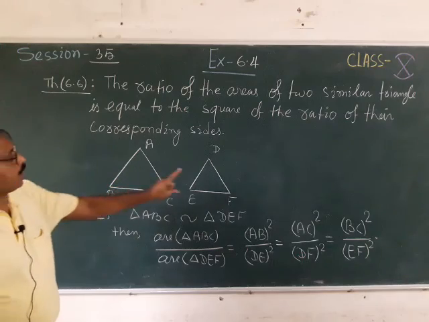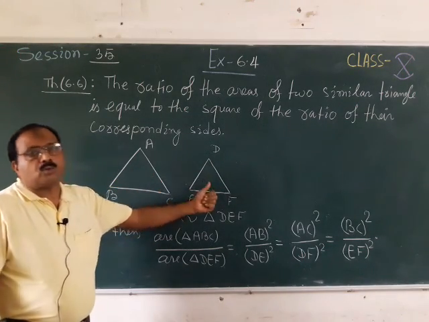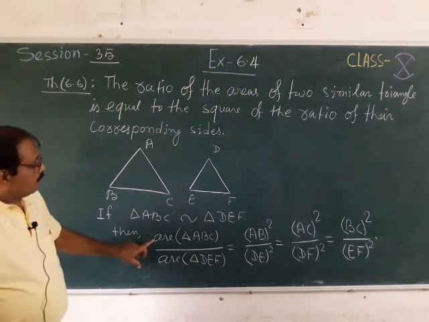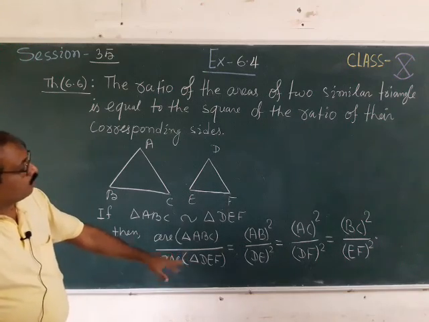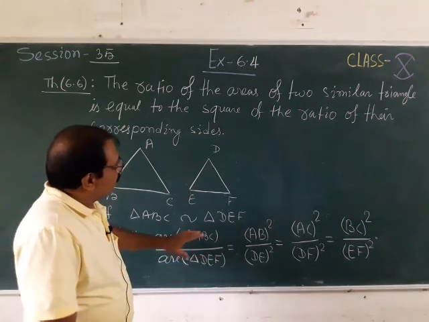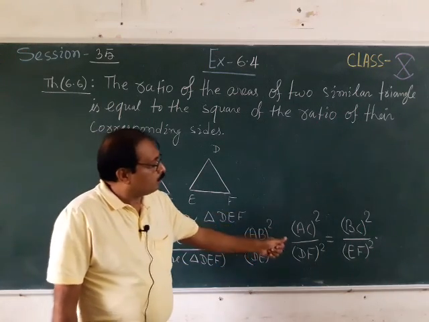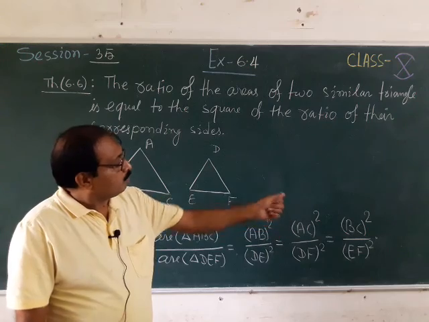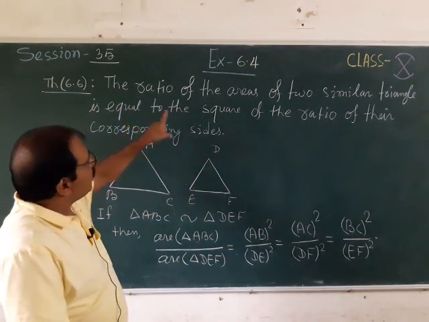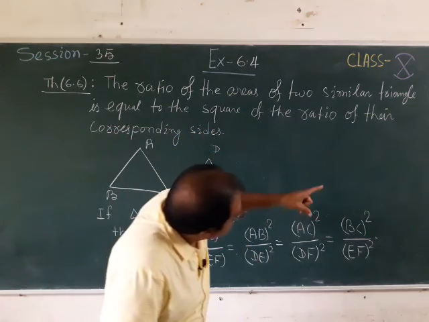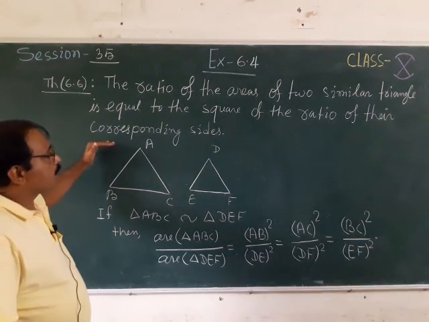That means if two triangles ABC and DEF are similar to each other, then area of triangle ABC upon area of triangle DEF is always equal to AB square upon DE square, and it is equal to AC square upon DF square, and it is equal to BC square upon EF square. That is the meaning of this statement. The ratio of the areas of two similar triangles is equal to the square of the ratios of their corresponding sides.